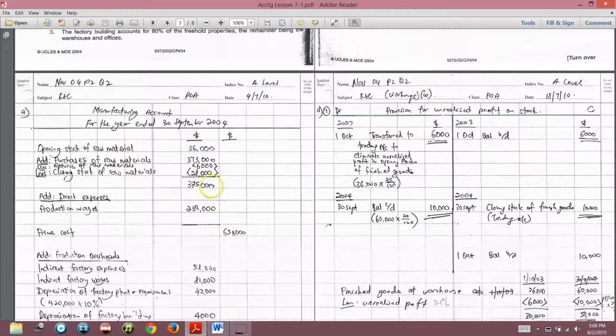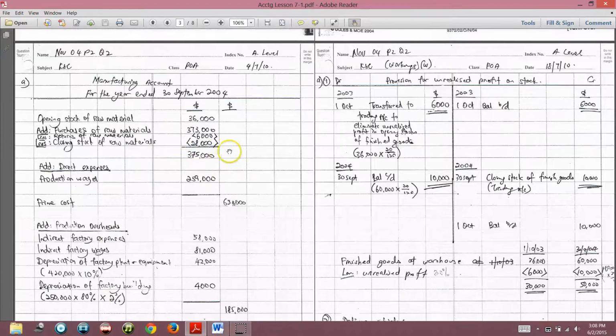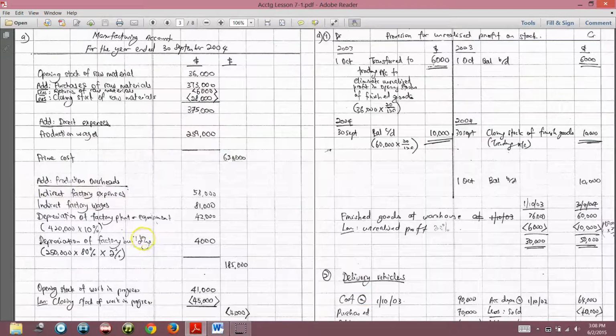Okay, so this is our raw material cost that is used in production. Then add direct expenses. Production wages is a type of direct expenses. Then we add this one and we get our prime cost. Then add production overheads.